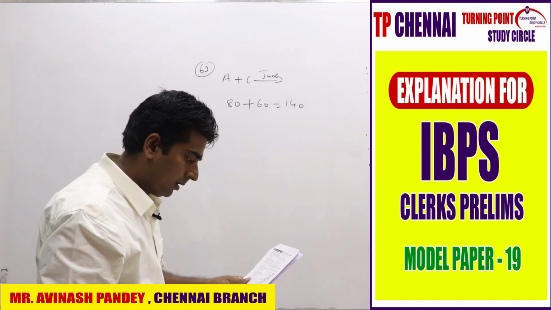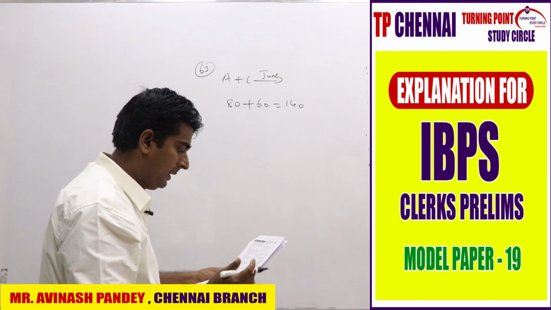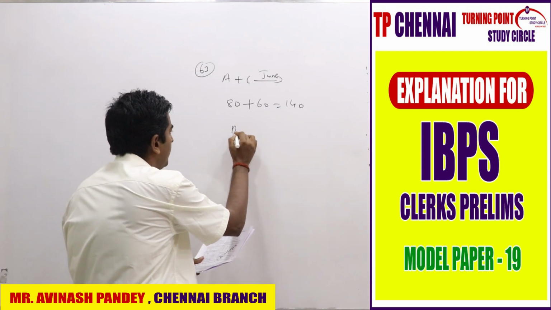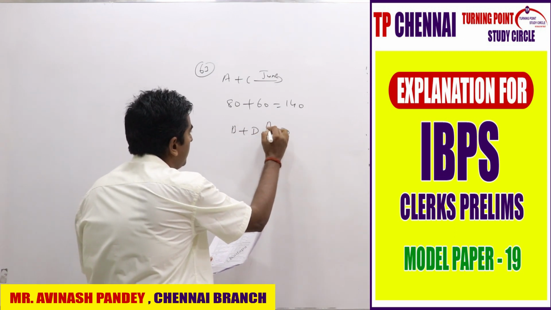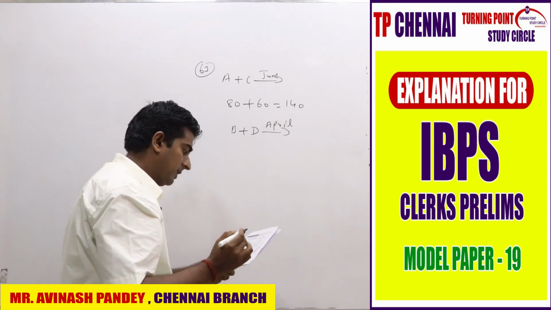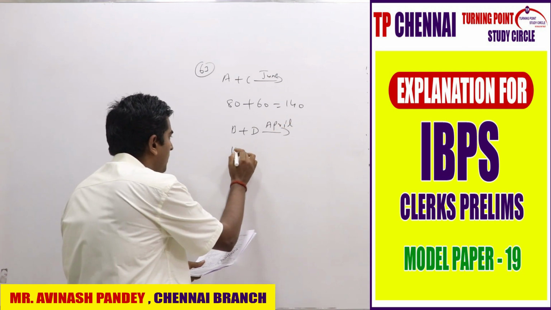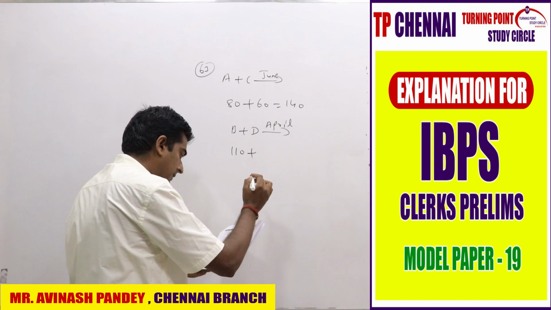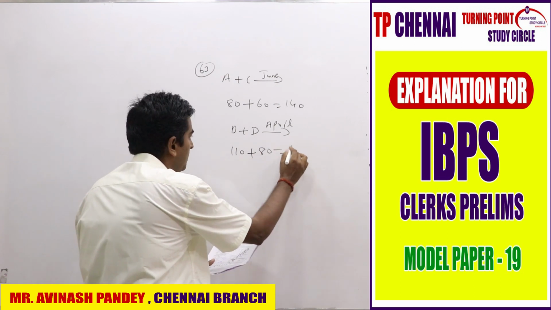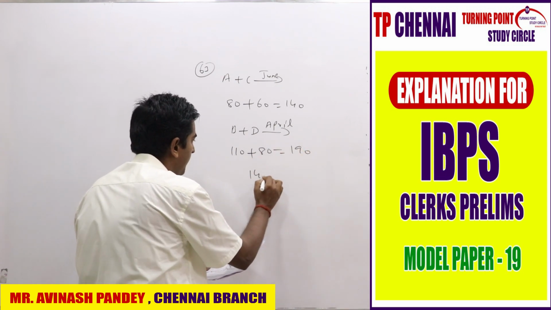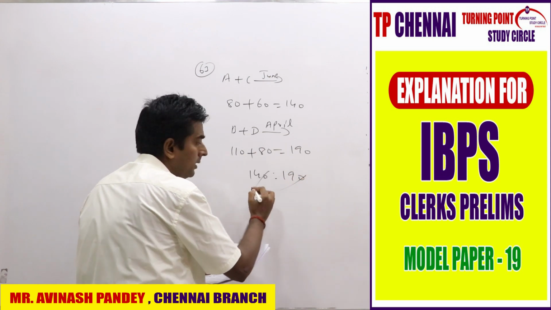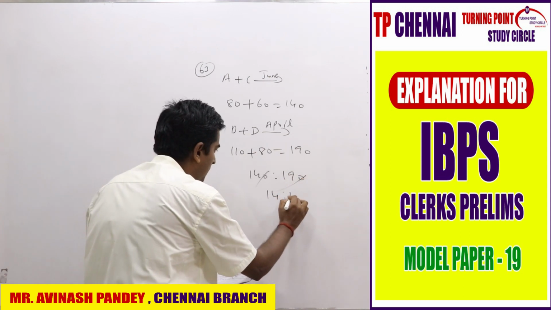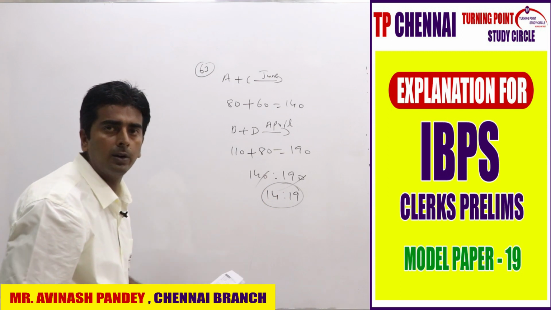Is to the items sold by store B and D together in April. So B and D in April. So B, what is the value? B value is nothing but 110 and D value in April is nothing but how much? 80. So which is nothing but 190. Ratio they are asking, 140 is to 190. So what is my answer? My answer is nothing but 14 is to 19, right? My answer is 14 is to 19.